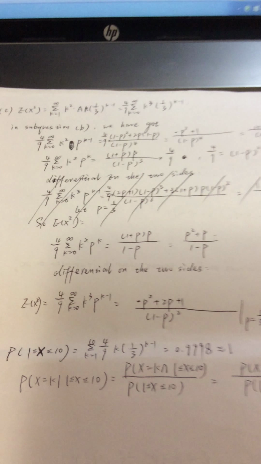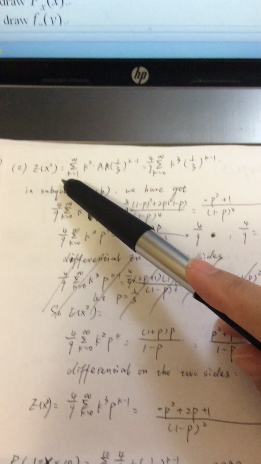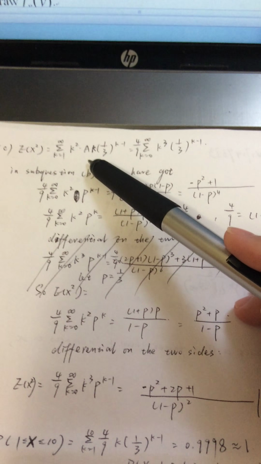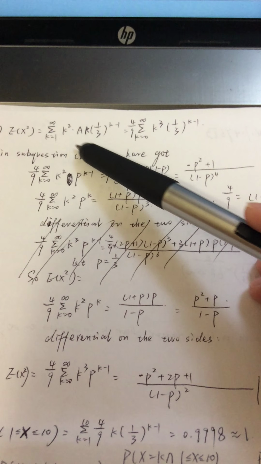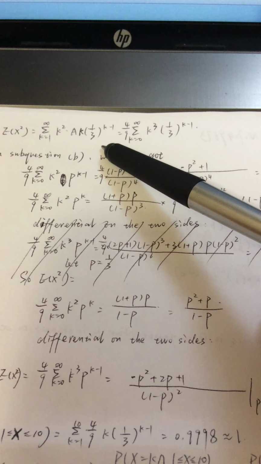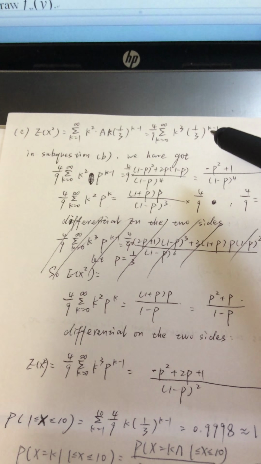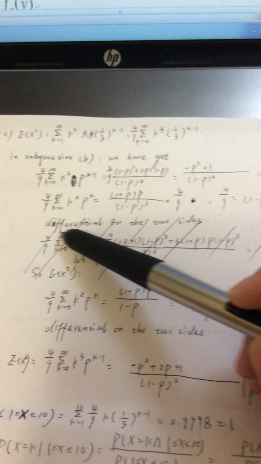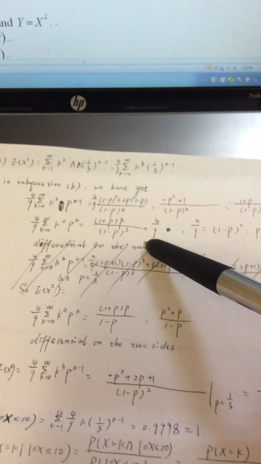Sub-question C uses similar reasoning. It asks us to find the expectation of x squared, which can be rewritten in this form. In sub-question B, we have got this one.